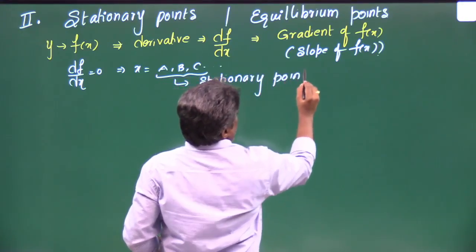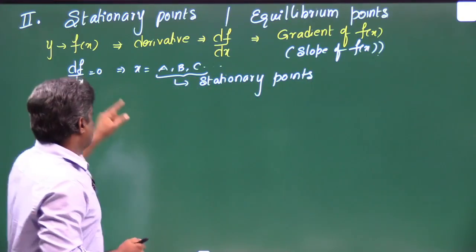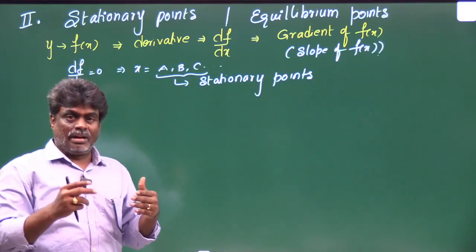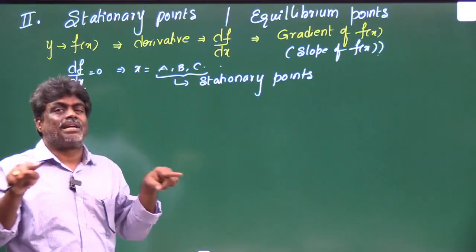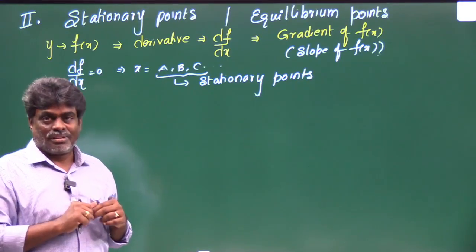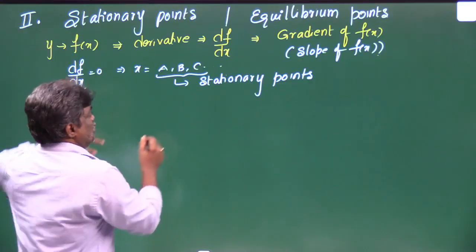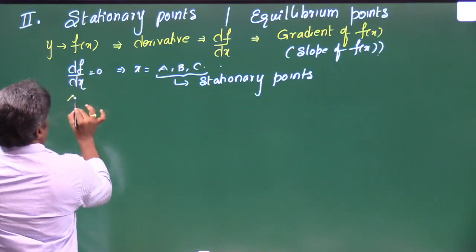So I hope now you understand what is meant by stationary point: a point at which the slope becomes 0. That means whenever a curve is given and you take the tangent, it will be a horizontal tangent. The horizontal tangent slope is what? 0.